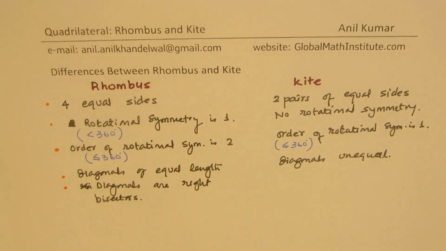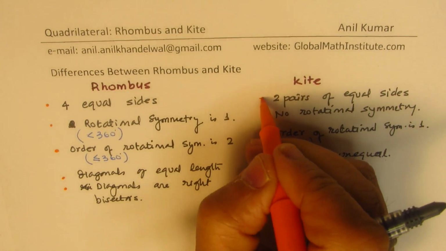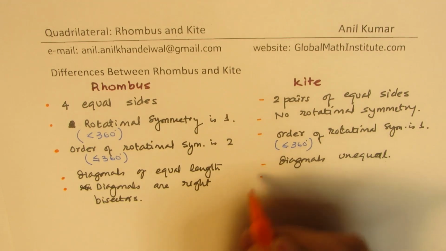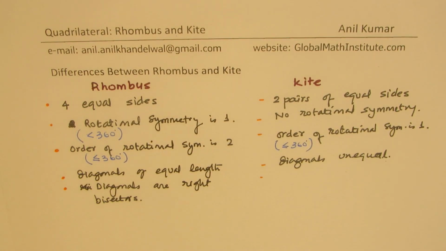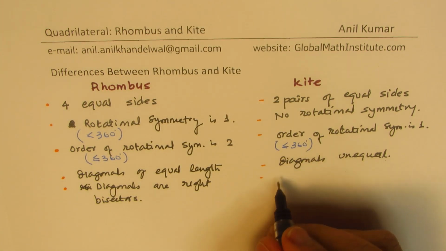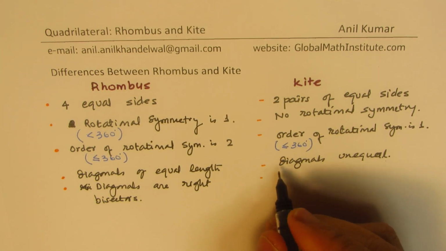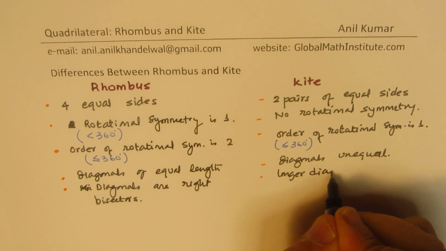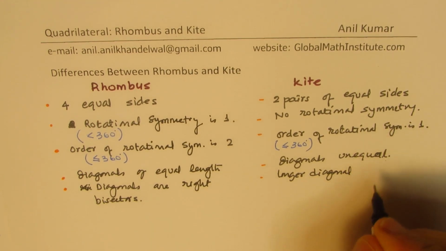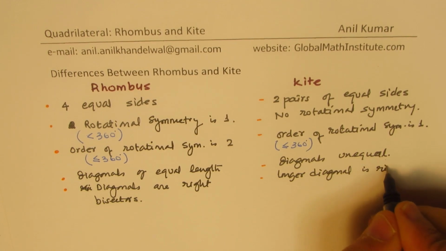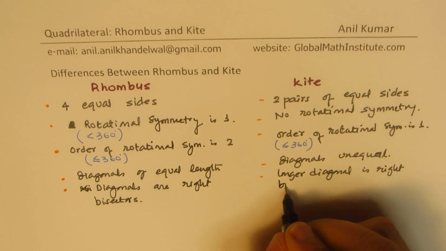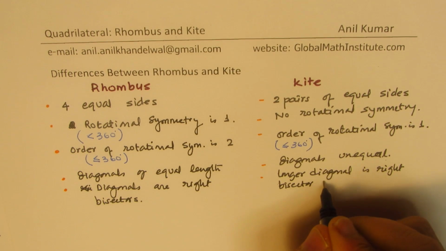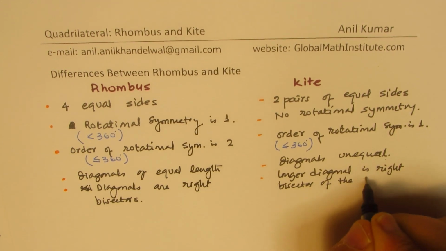Now in the kite case, about the diagonals, we'll say the longer diagonal is the right bisector of the shorter.